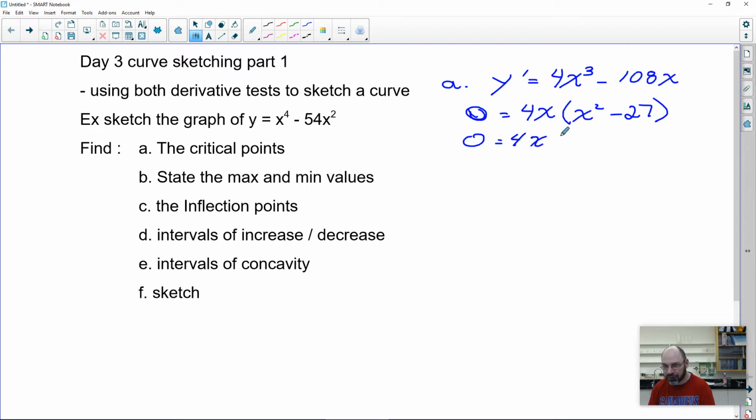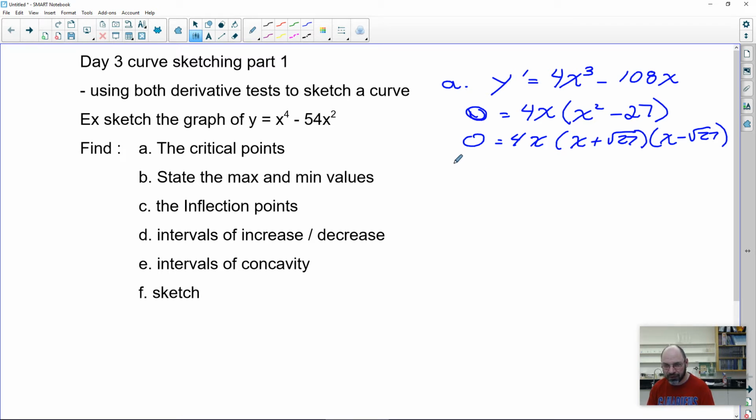So this would be x plus the root of 27 times x minus the root of 27. That gives us our critical points. Now, what is the root of 27? You can leave it as root 27 if you want.